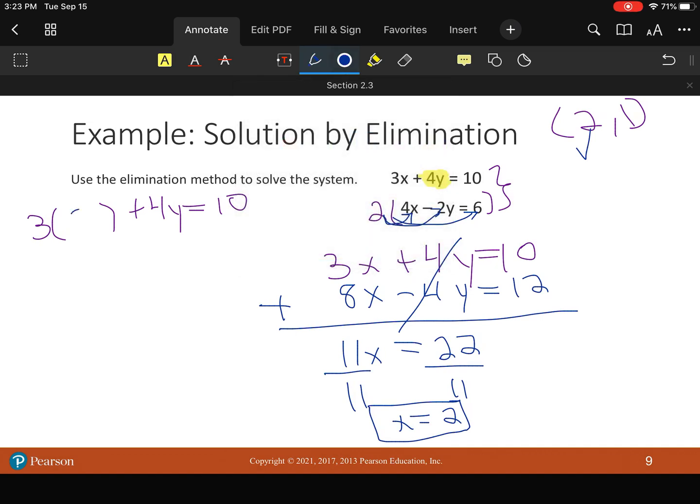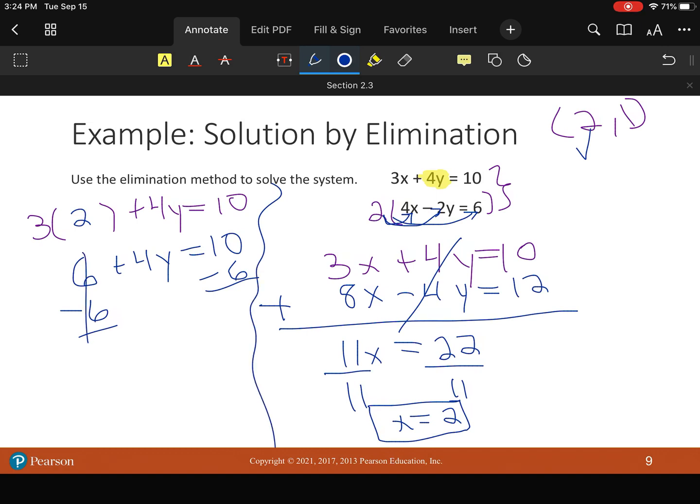We know x is 2, so we substitute that in and we end up with 6 plus 4y equals 10. Subtract 6 from both sides of the equation, and that's 4y equals 4. Divide by 4, y is indeed 1.